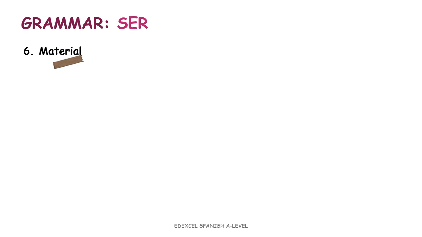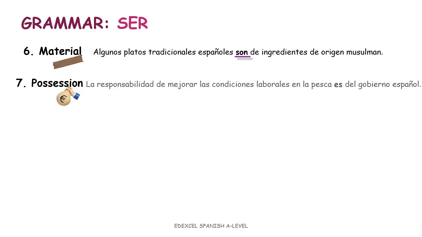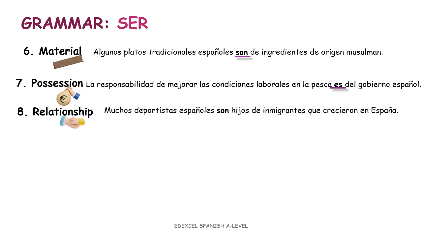Material something is made of. Algunos platos tradicionales españoles son de ingredientes de origen musulmán. Possession. La responsabilidad de mejorar las condiciones laborales en la pesca es del gobierno español. Relationship. Muchos deportistas españoles son hijos de inmigrantes que crecieron en España.